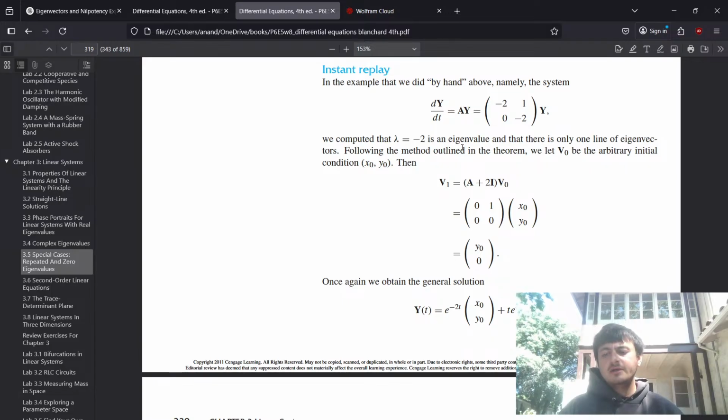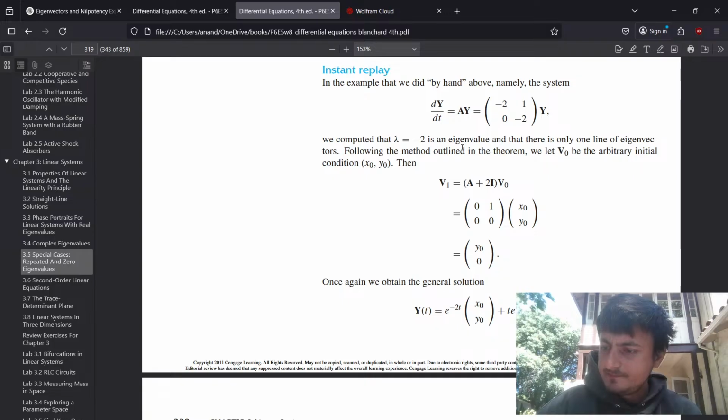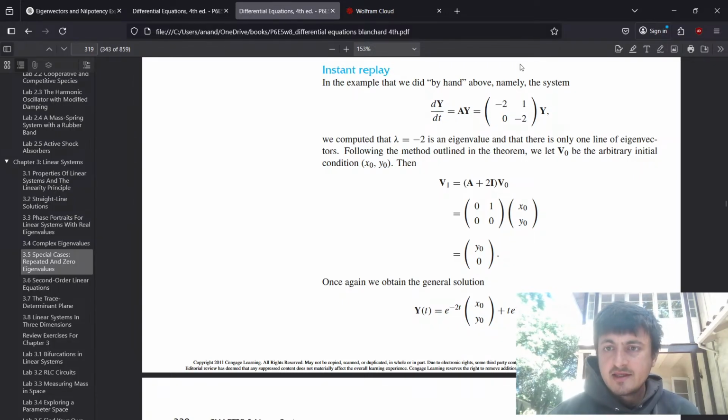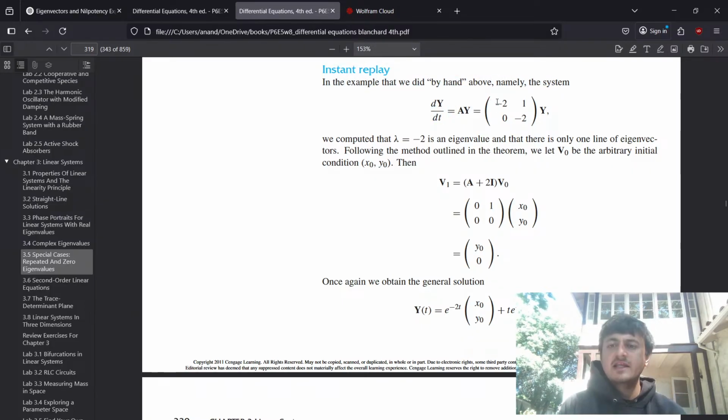So wait, we need to categorize, because it's possible to have a matrix A such that it has, the way they typically say it, algebraic multiplicity 2.